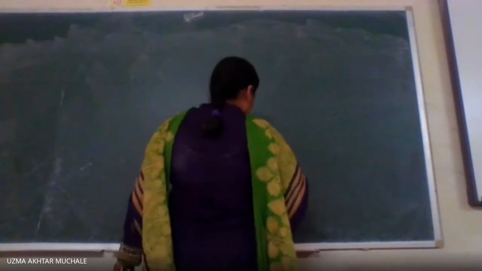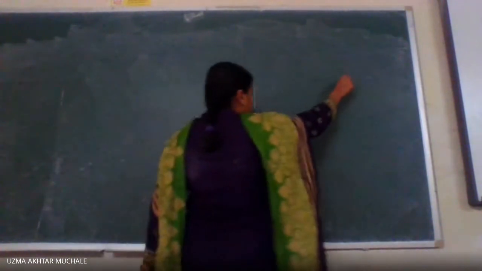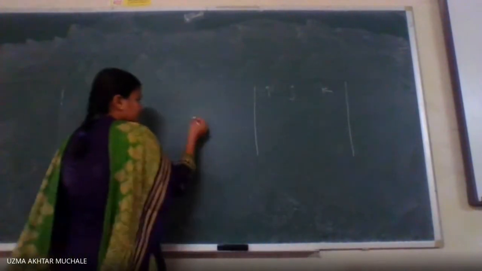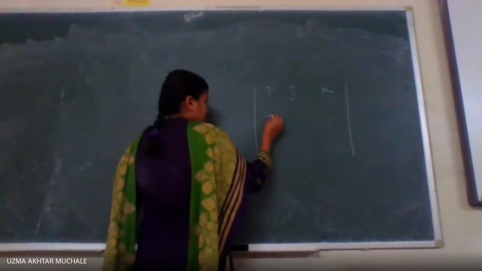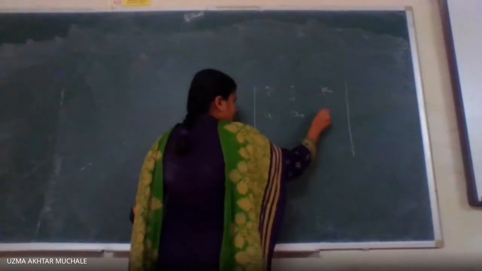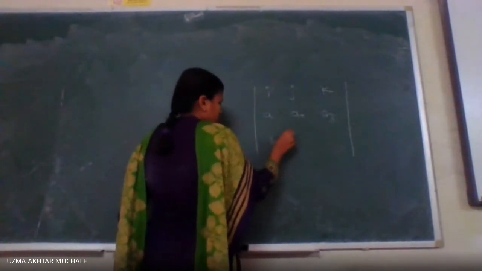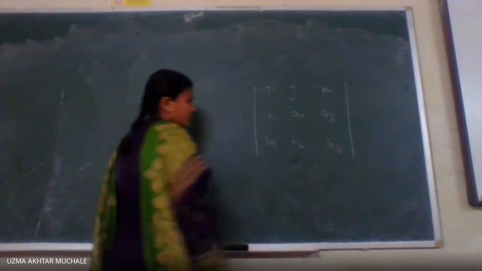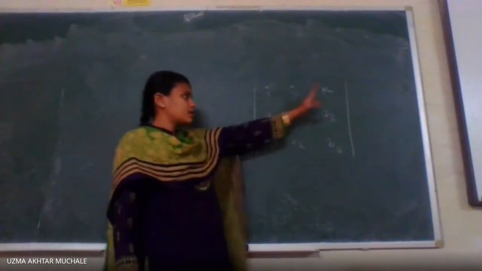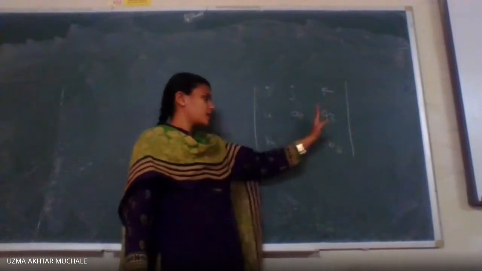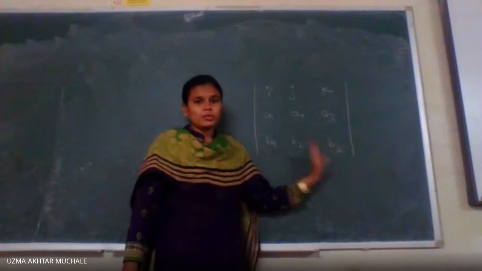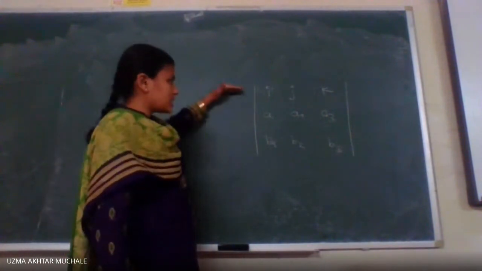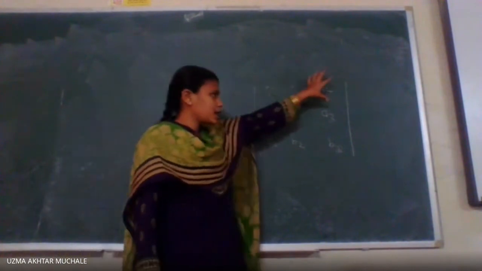Let me write it down, then you can understand. ऐसा ऐकलात का कुठे? First row is i j k, second is a1 a2 a3, third is b1 b2 b3. Have you heard this somewhere? First row is the unit vectors i, j and k.